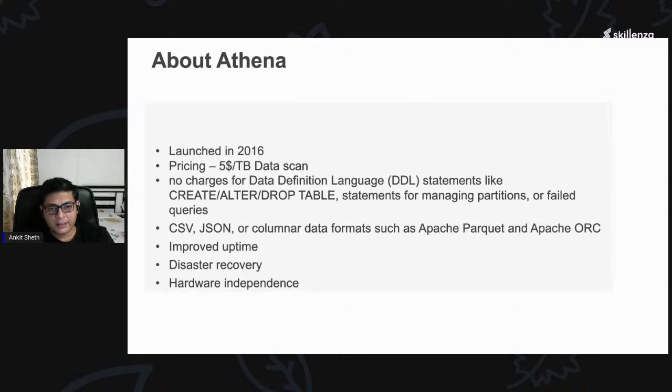In terms of pricing, it's very straightforward. For each terabyte of data that you scan, you pay $5. So if you scan up to 5 TB of data in a month, you'll be charged $5 and nothing else.